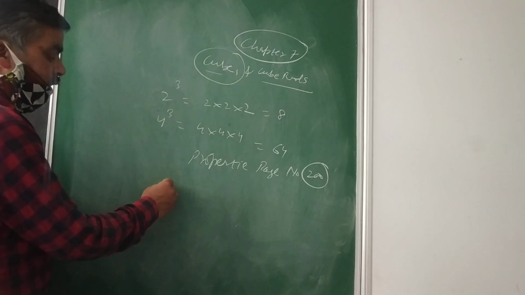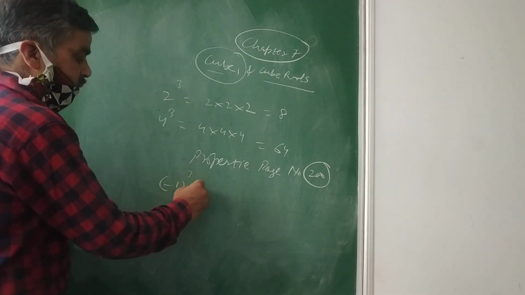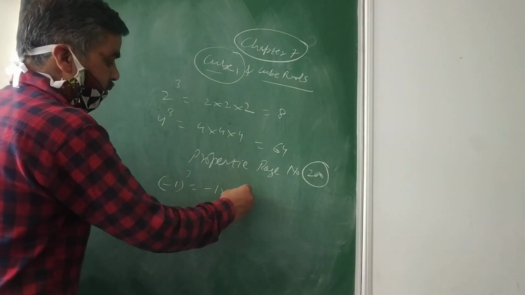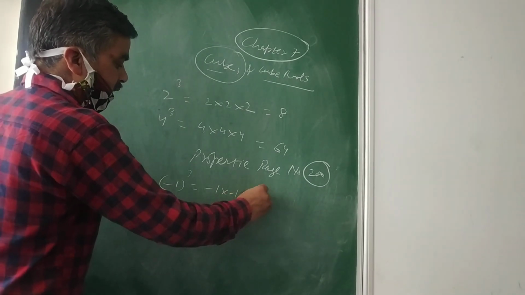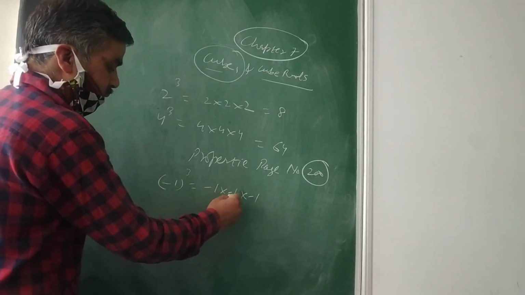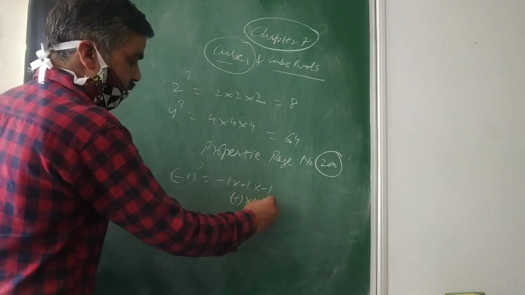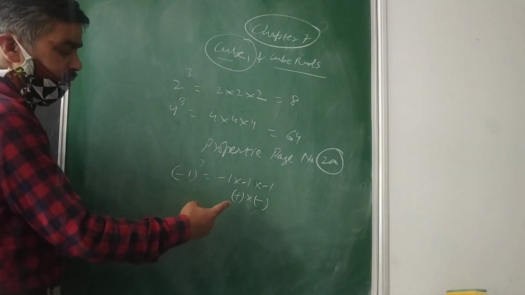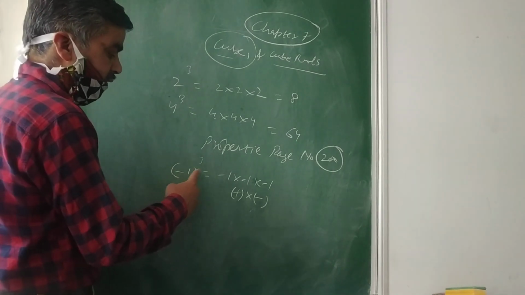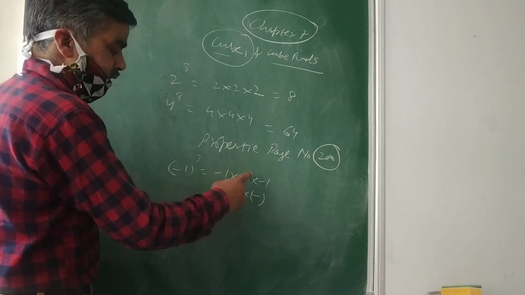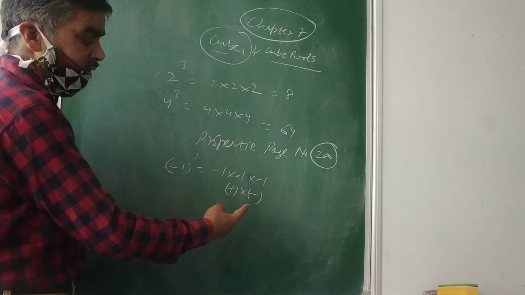Cube of negative, like -1. Please understand why we say cube of negative is negative. Minus into minus is plus, and plus into minus is minus. This is very important to understand. Why do we say cube of negative is negative? Because minus is getting multiplied an odd number of times, 3 times.